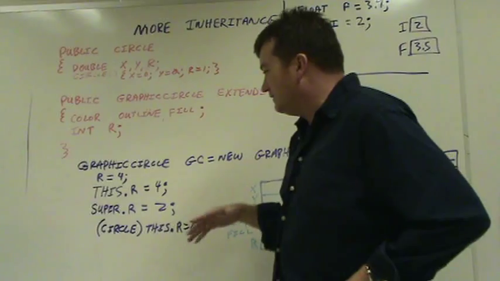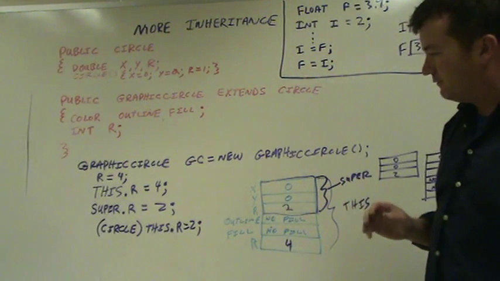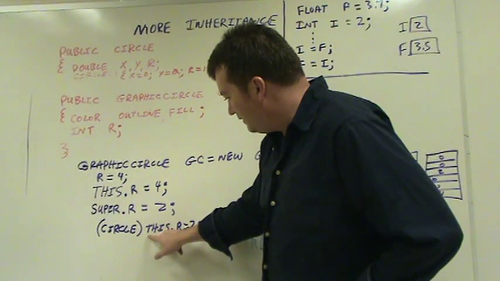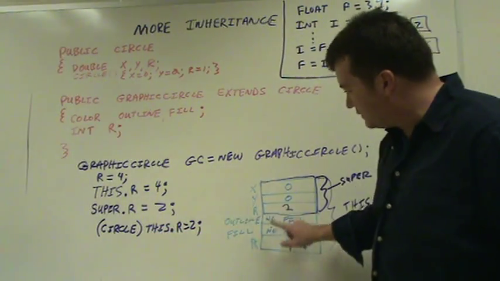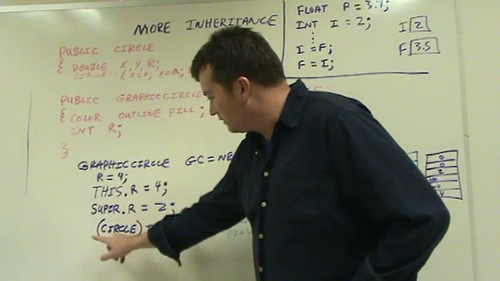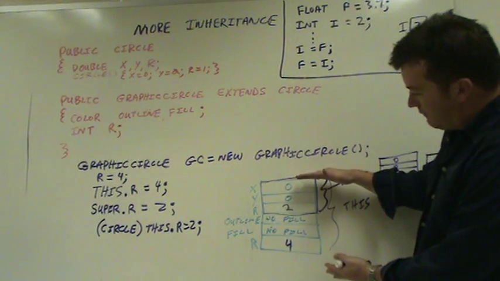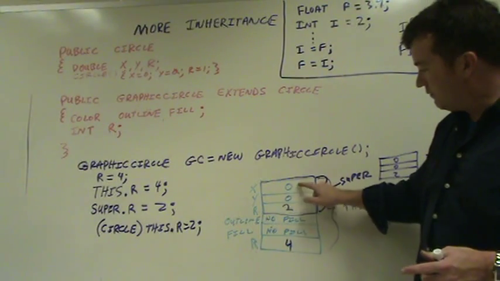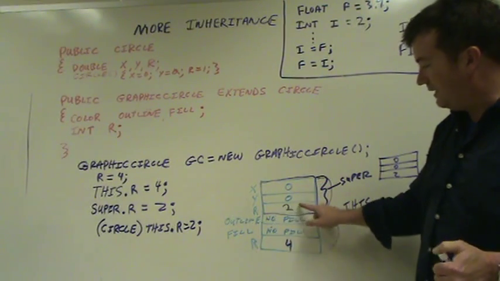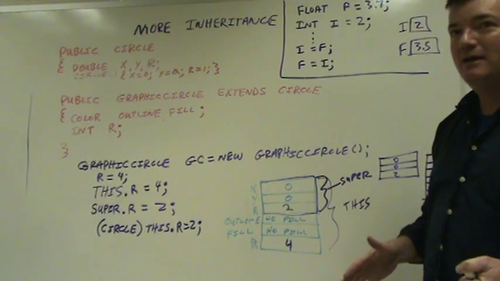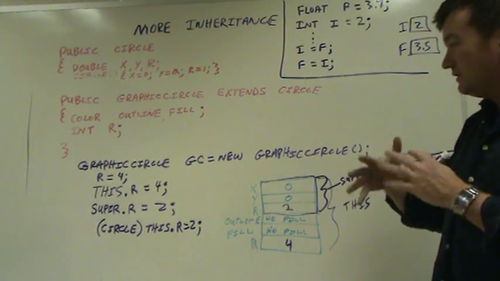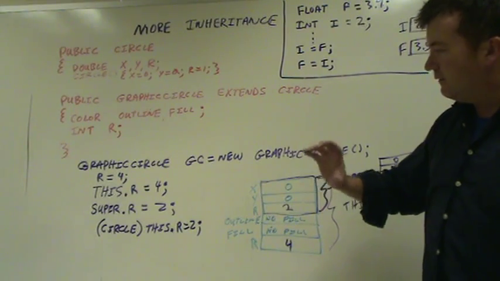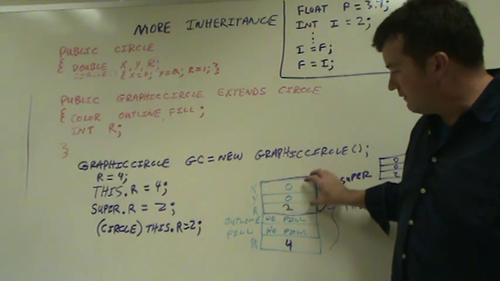What ends up happening, and it sounds a little confusing, but it's a very powerful tool: if we take a graphic circle and convert it to a circle, even though the object is a graphic circle, we're referring to it with a circle reference, so we can only refer to the first 3 fields, but the other fields will be there if we ever change the type back. So we could make an array of circle references.